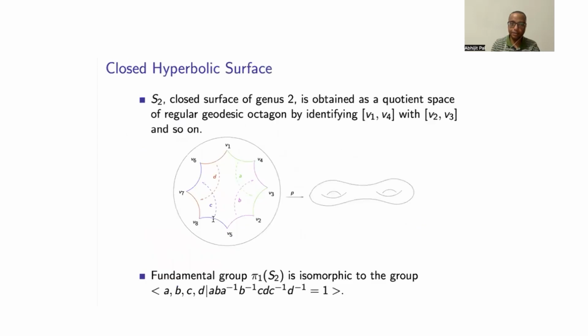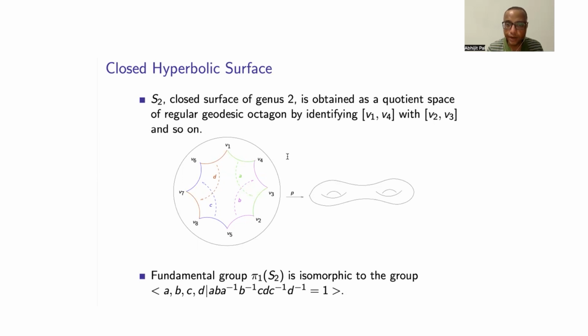So let us again look into that. What we have proved is that if I take any surface which is compact and without boundary, and suppose the genus of that surface is greater than or equal to 2, then it admits a hyperbolic metric. For instance, if I take S2 to be a closed surface of genus 2, this is obtained as a quotient space of a regular geodesic octagon, as given in this picture.